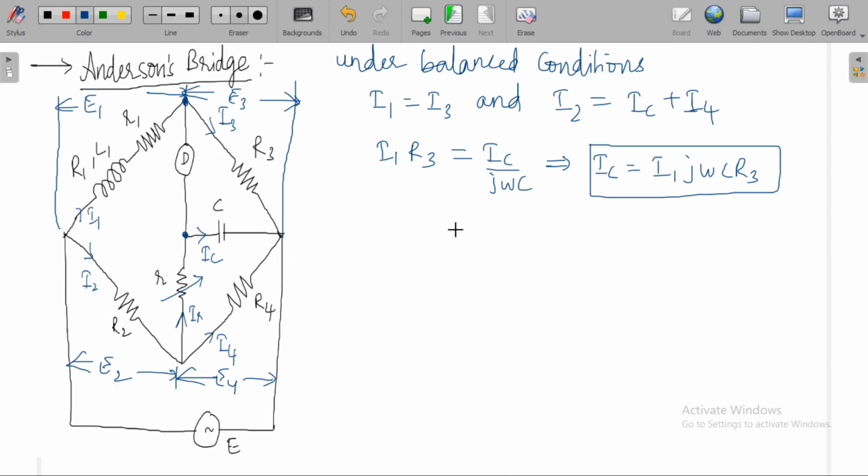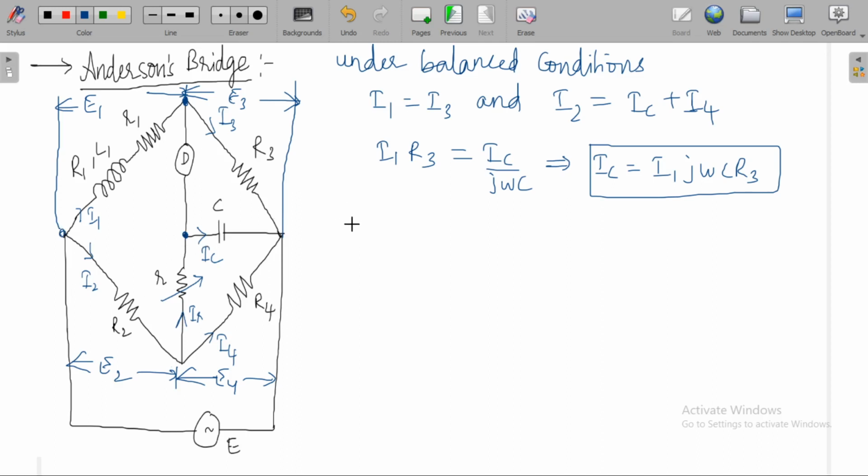Now under balanced conditions, the voltage across this is equal to the voltage across this plus the voltage across this, right?